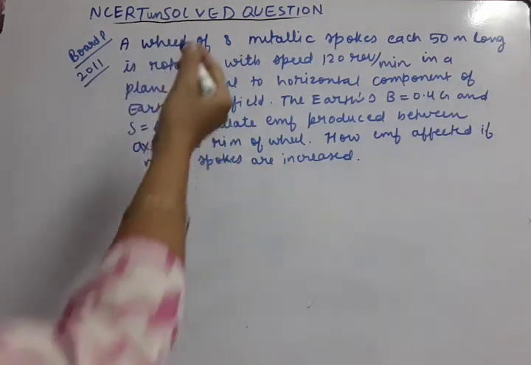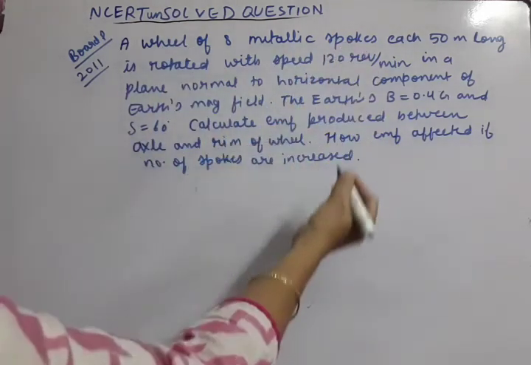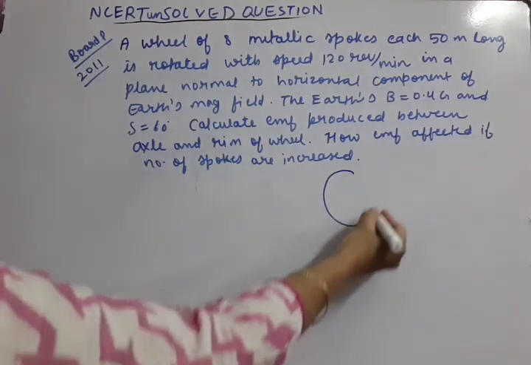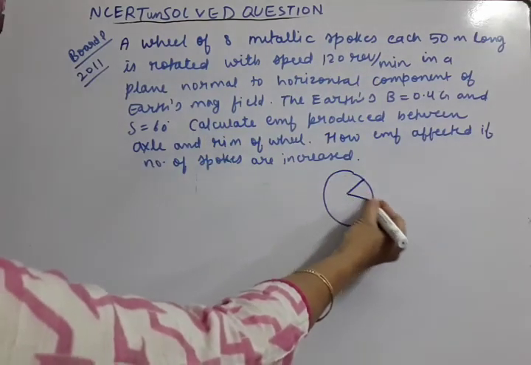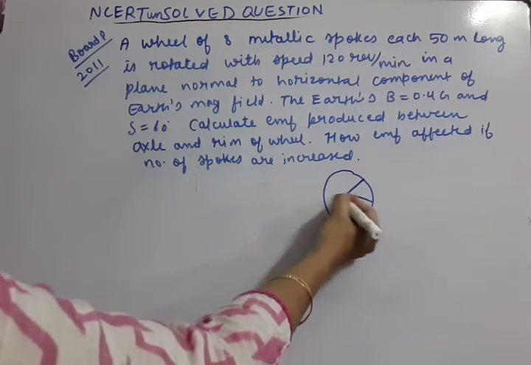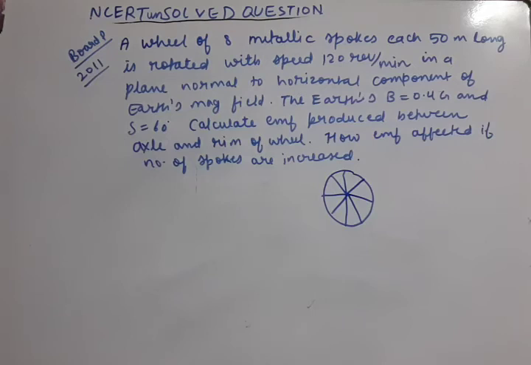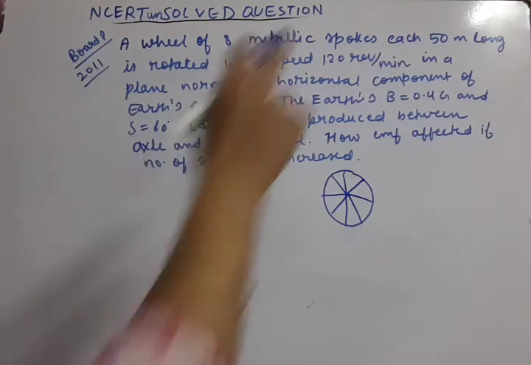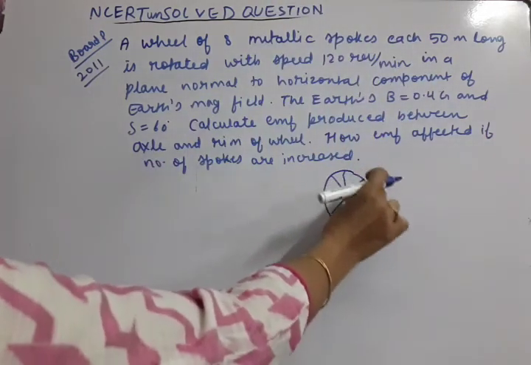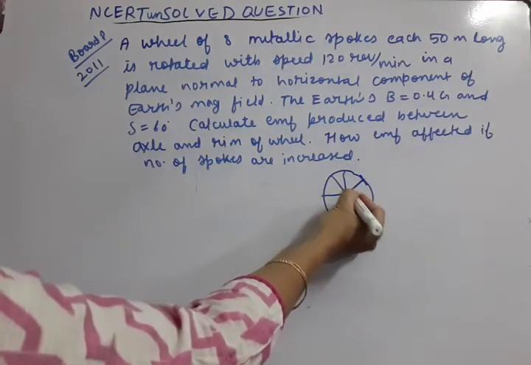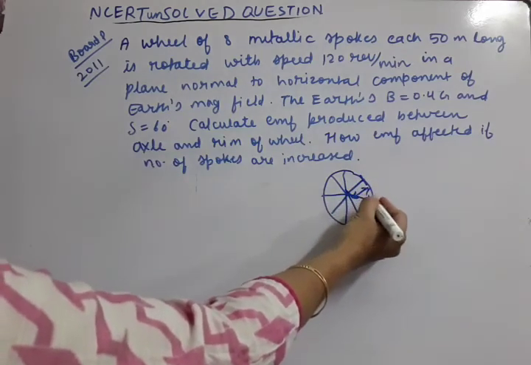Let us understand: a wheel of 8 metallic spokes. So suppose this is the wheel and in this the spokes are 8. This type of 8 metallic spokes are there, each of length 50 meter. So each length is 50 meter.